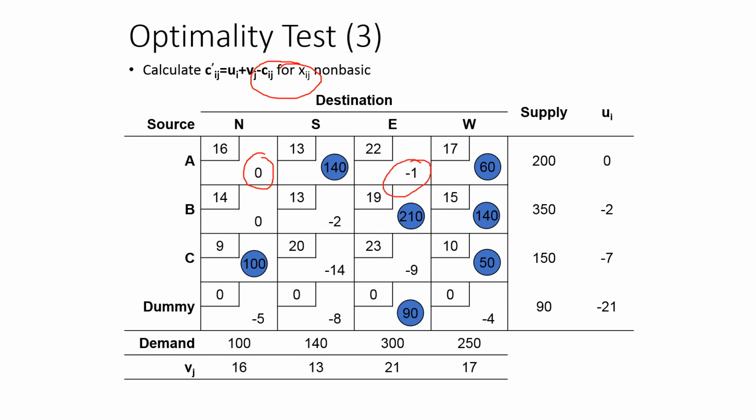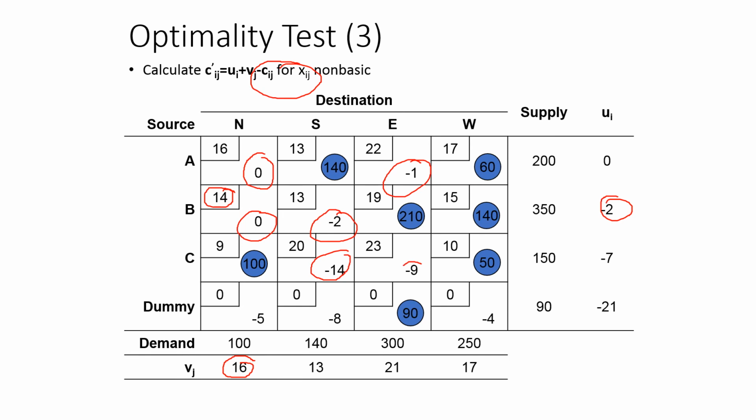This one, minus 1, is calculated from 0 plus 21 minus 22 is minus 1. This 0 similarly is calculated from minus 2 plus 16 minus 14, which is 0. So, and so on.